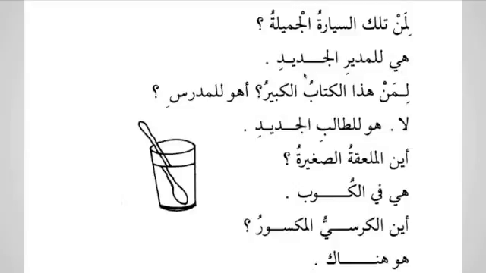Here lil mudiril jadid. It belongs to. Remember, la is harf jar, li, belongs to al mudiri, so it becomes lil mudiri. But we got naat here, so we'll say lil mudiril jadid. It belongs to the new headmaster.